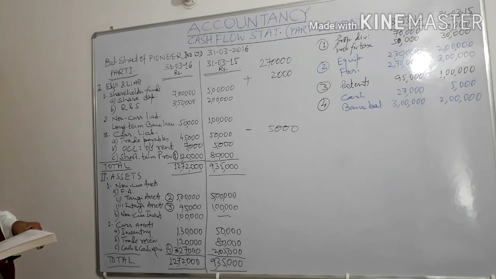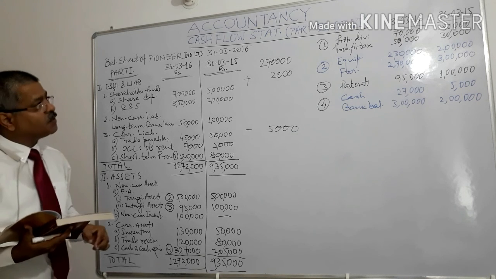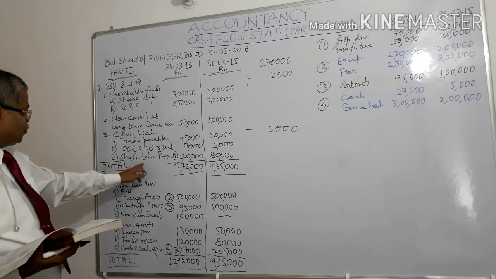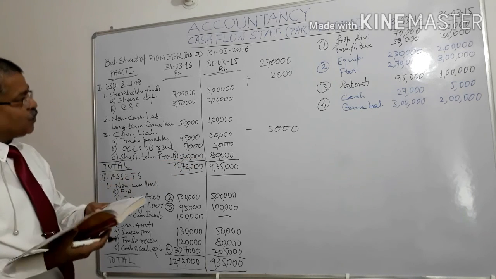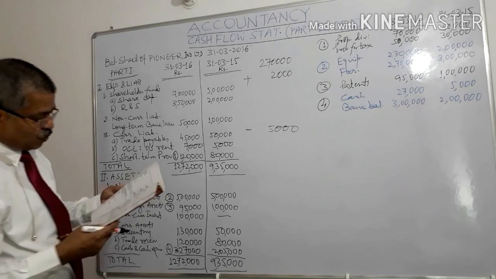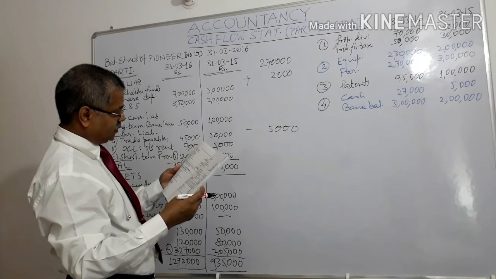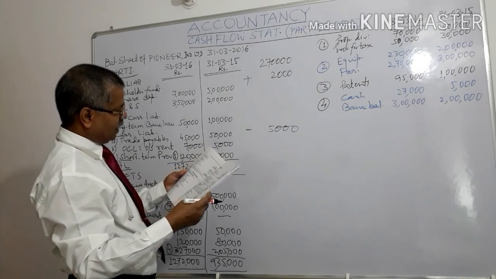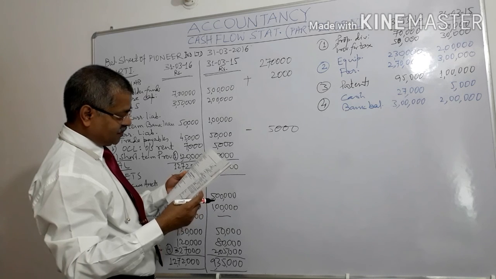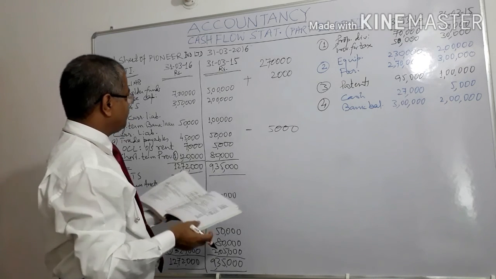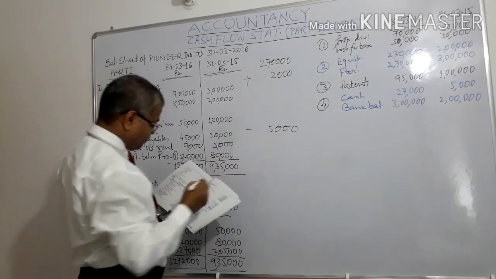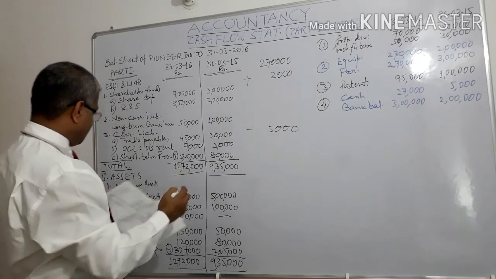So there is an increase of 40,000, right? Short term provisions 120,000. So here 2,000 we have added, 5,000 we have deducted, right?